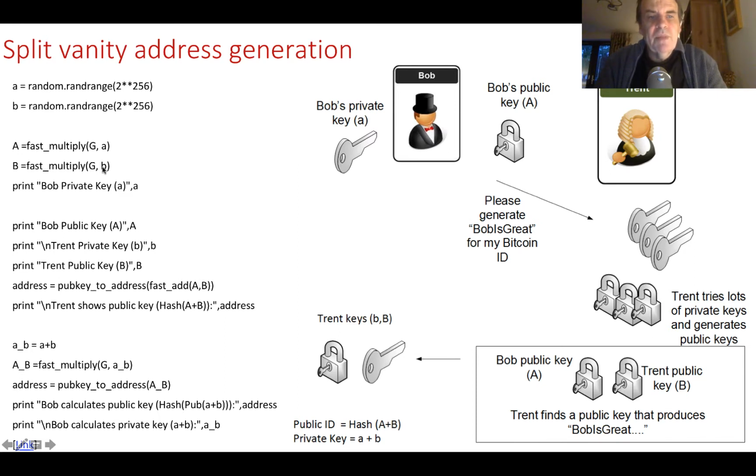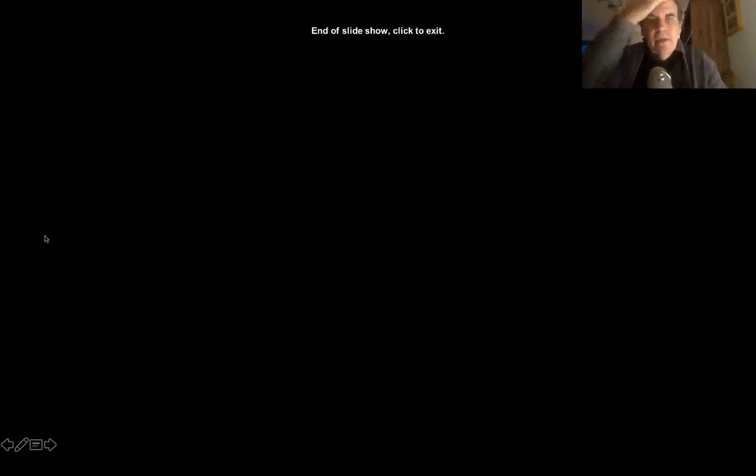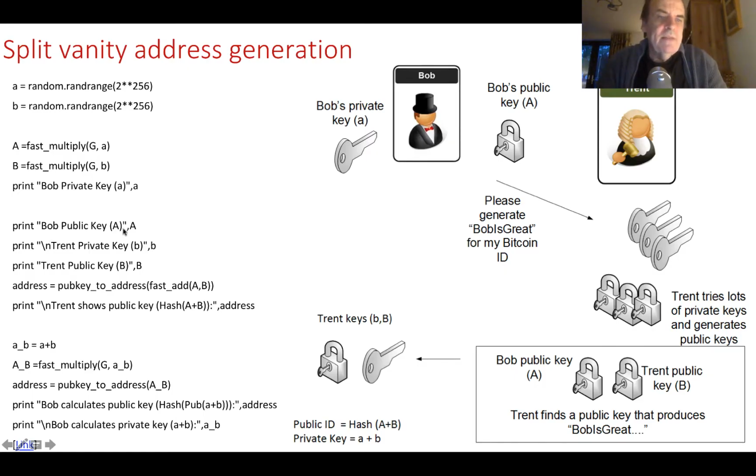We then multiply b by G, and that will give us 2 points on the elliptic curve called B. So this will be Trent's public key, and this will be Bob's public key. This will be Bob's secret key, his private key, and this will be Trent's private key. So now we'll calculate a value. We'll take an addition of A plus B, the two public keys together, and then we'll convert that into a Bitcoin address.